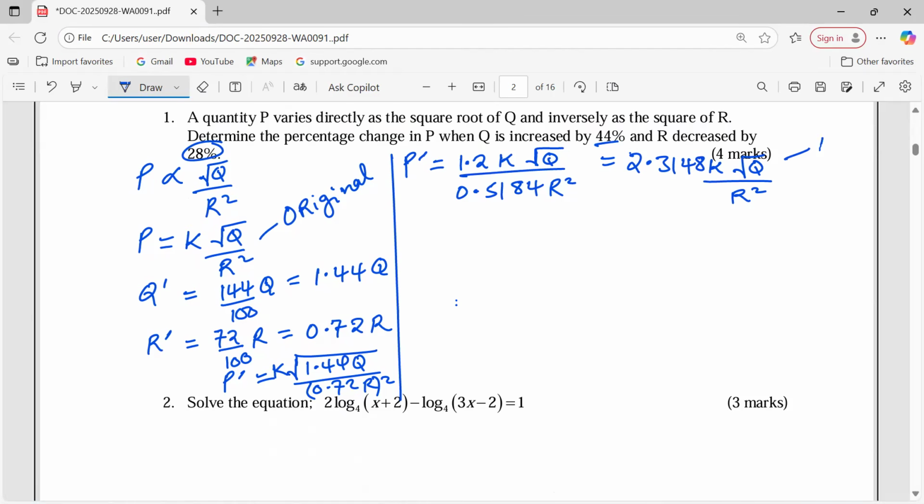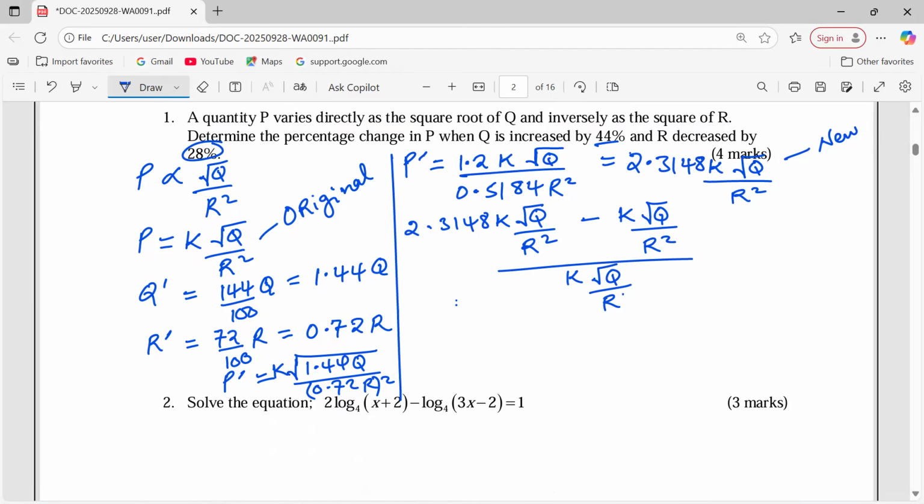This is now the new expression of P, meaning that we can get the percentage change of P. We just need the change out of original times 100. So the change shall be 2.3148 K, the root of Q out of R squared, minus the original. Then we divide by the original, K root Q out of R squared.